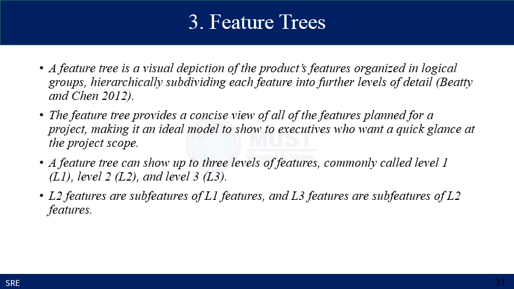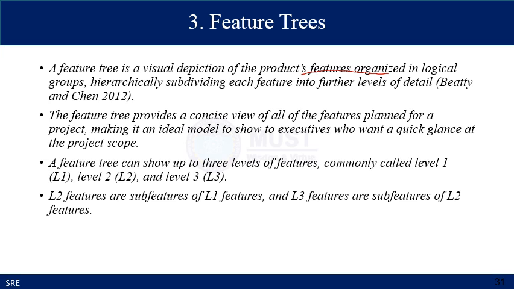Another way to represent system scope is the feature tree. A feature tree is a visual depiction of the product features organized in logical groups, hierarchically subdividing each feature into further levels of detail.